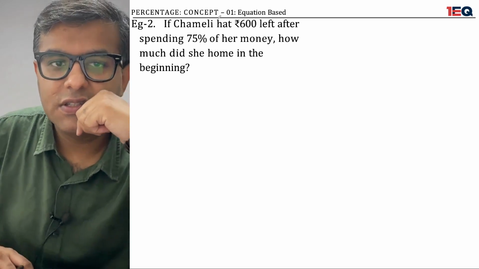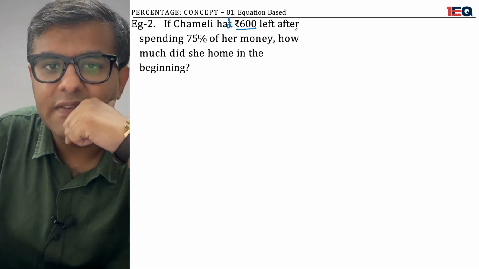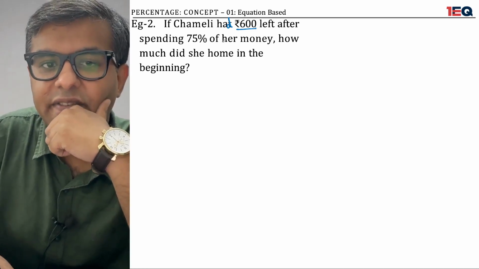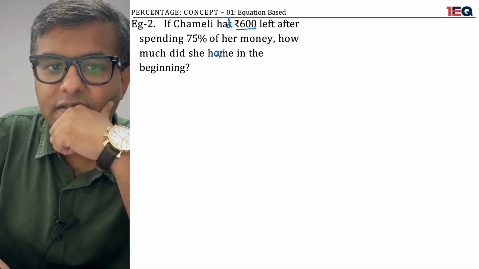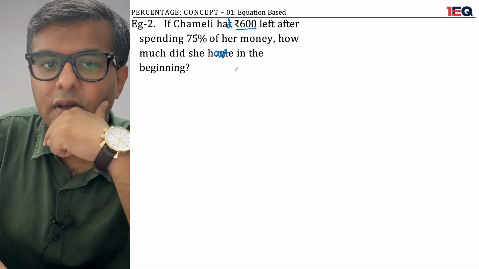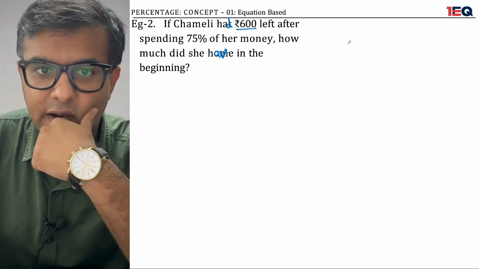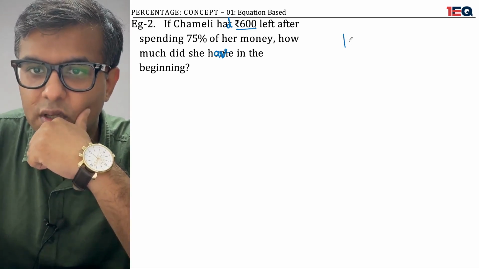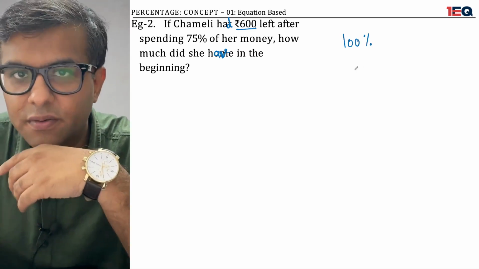If Chameli had 600 rupees left after spending 75% of her money, how much did she have in the beginning? Me being an optimistic teacher and you being an optimistic student should always think that Chameli had 100% of the money with her.